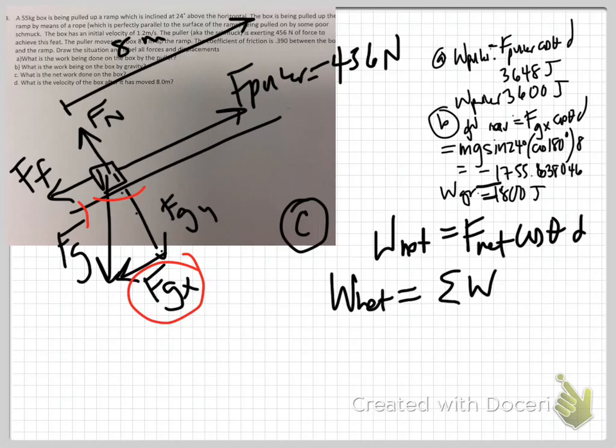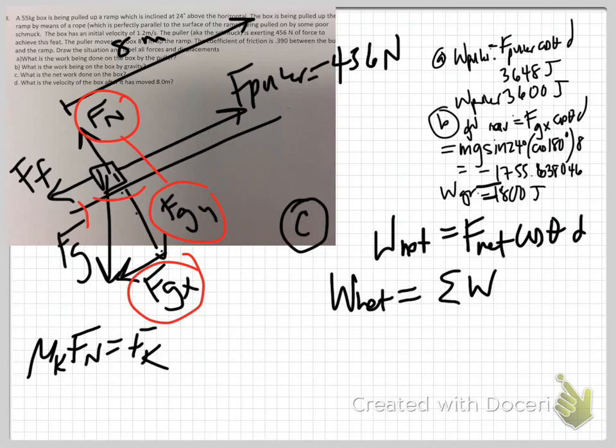So, to find force of friction, in this case force of kinetic friction, you have to do mu k Fn equals Fk, which means you have to do a sum of forces on the y-axis to prove that Fn equals F of gy.